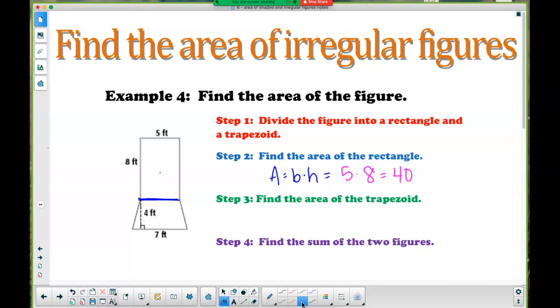And then the trapezoid, now we have to be careful. Remember, trapezoid is base 1 plus base 2 times the height divided by 2. Right? It's that more complicated formula. Do you have to memorize these formulas? No, they're on your formula sheet.